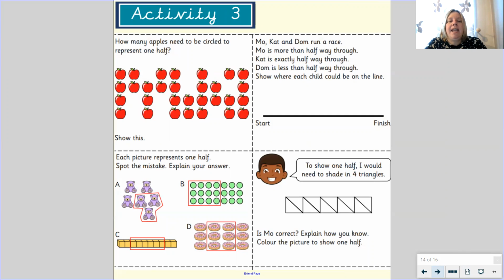Spot the mistake. Explain your answer. To show one half, I would need to shade in 4 triangles. Is Mo correct? Explain how you know. Draw the picture and colour to show one half.